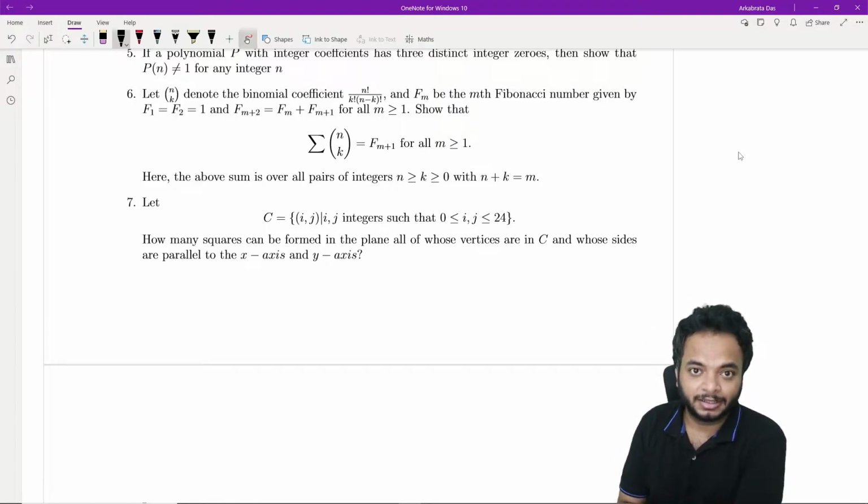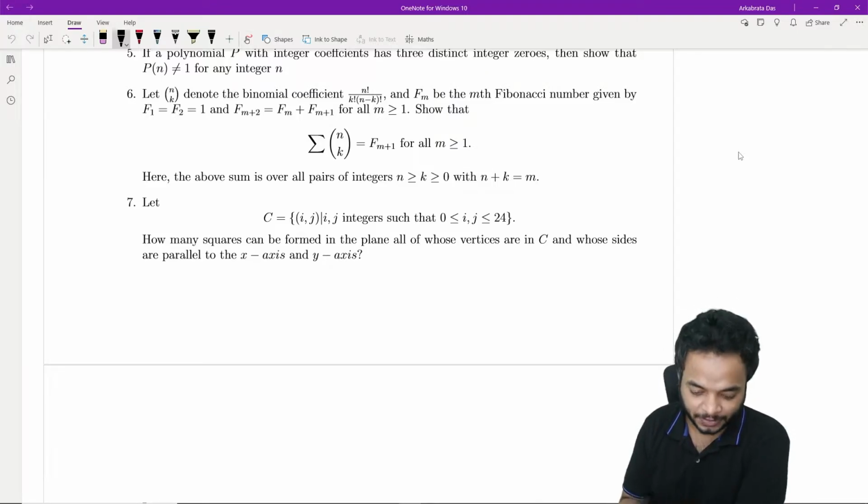So let's start with that, and let's show that the summation satisfies the recurrence relation.